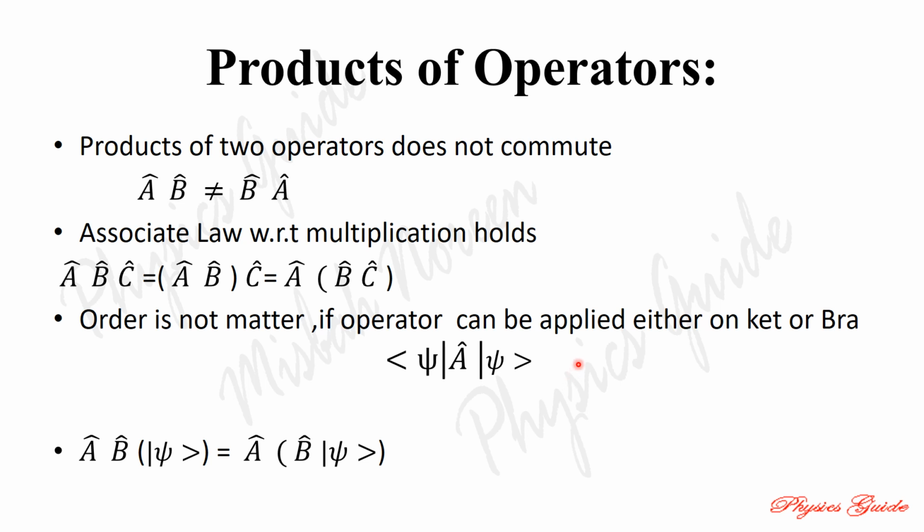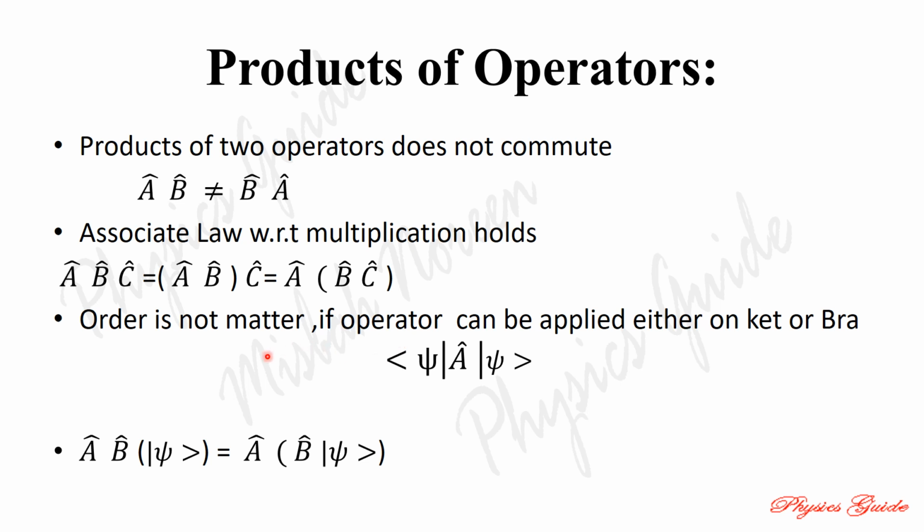But in ket or bra vectors, if we apply an operator, the order does not matter. Why? Here is a bra vector psi and operator A, and here is a ket vector of psi. This is a specific term in quantum mechanics that we use further, called the expectation value. That's why order does not matter here.